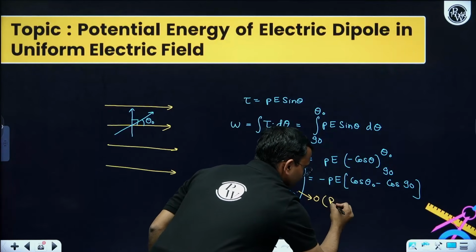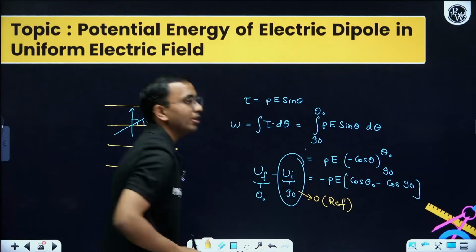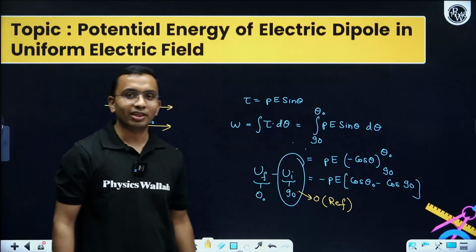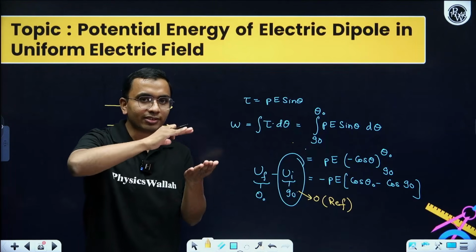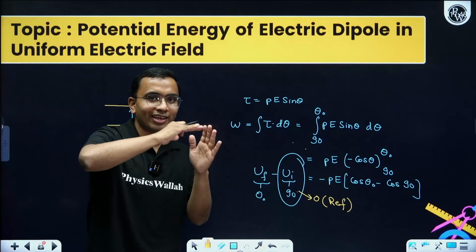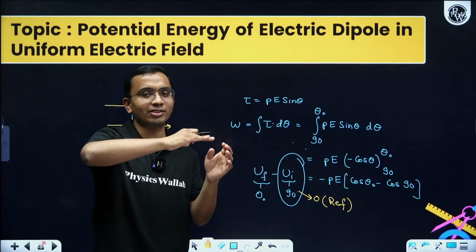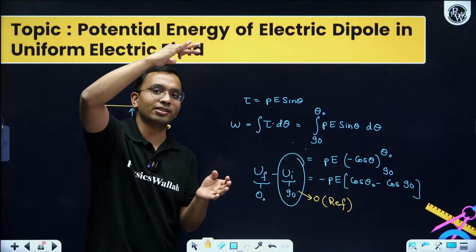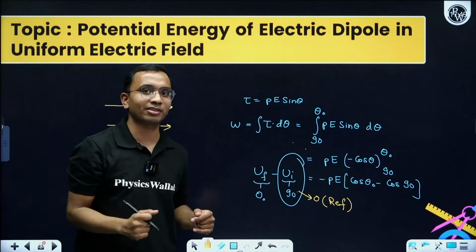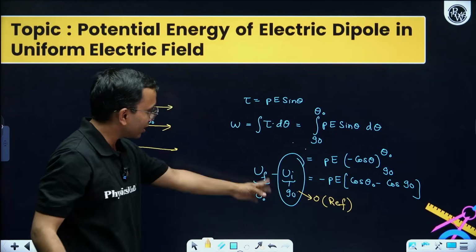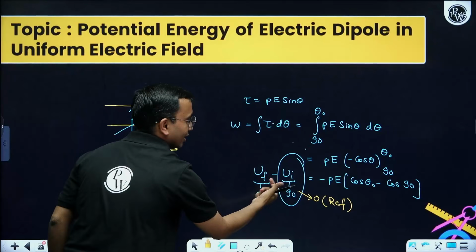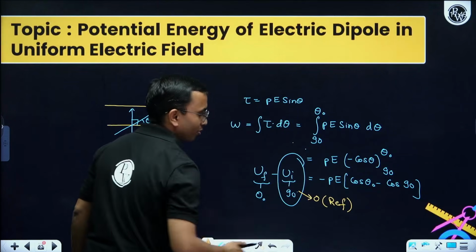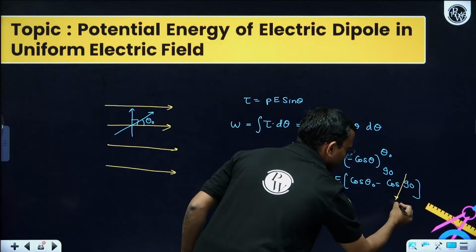You remember in work power energy, when we wrote the equation, there was a reference level where potential energy is 0, above which potential energy is mgh, below which it is minus mgh. So U final at any angle theta naught is minus PE cos theta naught, because cos 90 is again 0.